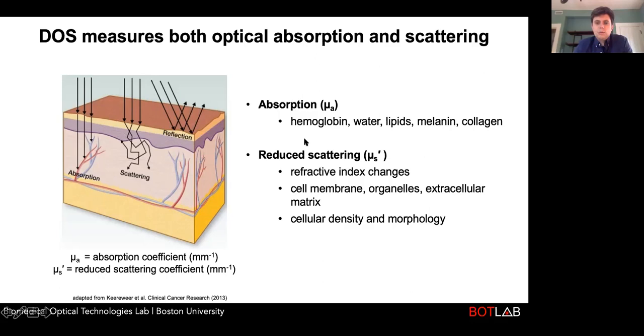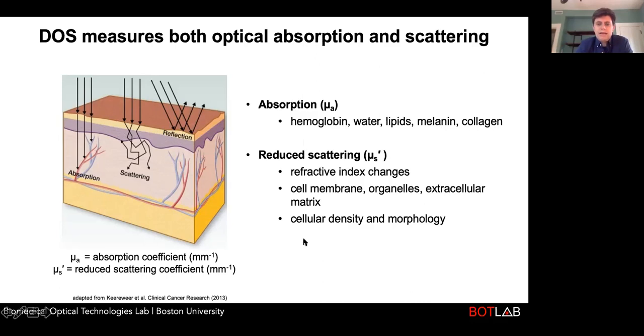The things that absorb light in tissue, again, hemoglobin, water, and lipids. And then in the skin, melanin is very important, and then collagen is important at some wavelengths. The things that scatter light are, just like in any other media, refractive index changes. But in tissue, this could be the difference in refractive index in the cell membrane, the different organelles, the nucleus, as well as the collagen outside the cell and the extracellular environment.